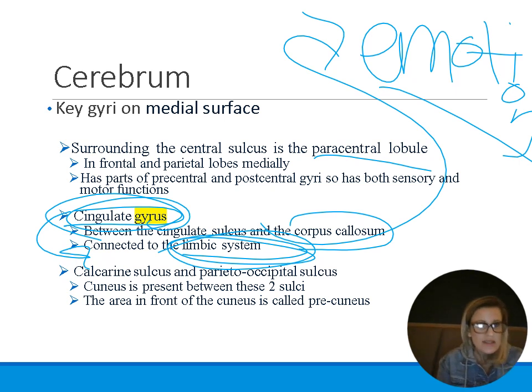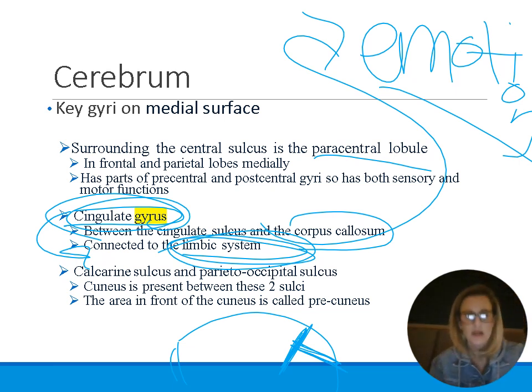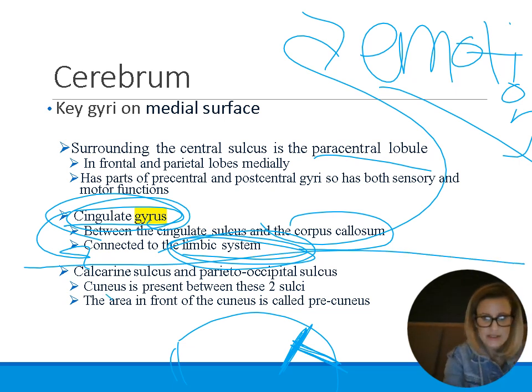The calcarine sulcus and parieto-occipital sulcus, remember, are grooves that we saw on the medial aspect of the cerebrum towards the back of the brain. The calcarine sulcus goes back from the parieto-occipital sulcus, and it divides the inside of the occipital lobe in half. If this is the medial aspect of the brain, the parieto-occipital sulcus was like this, and then going back in half like this was the calcarine sulcus.